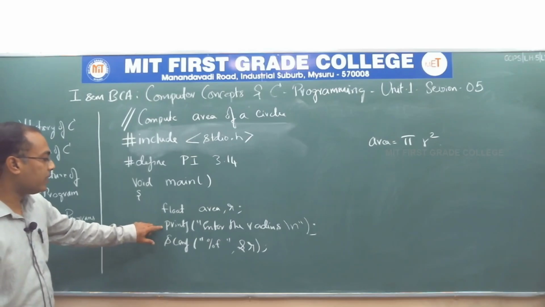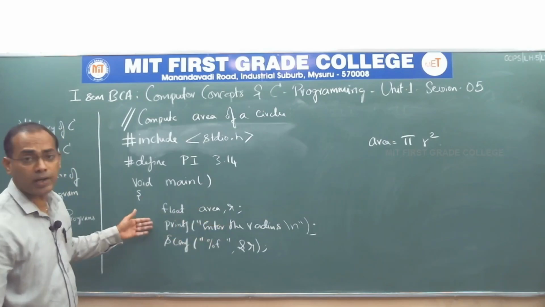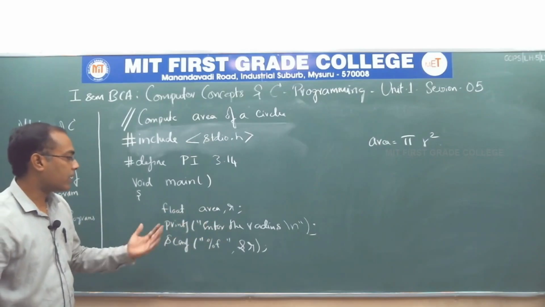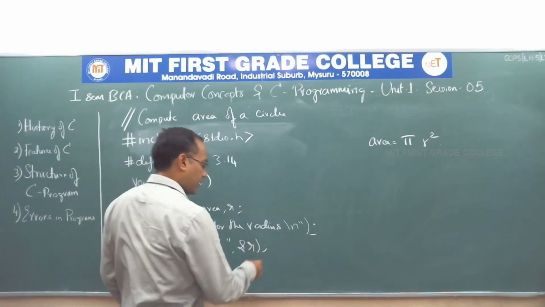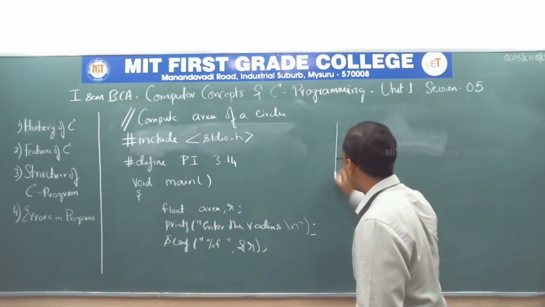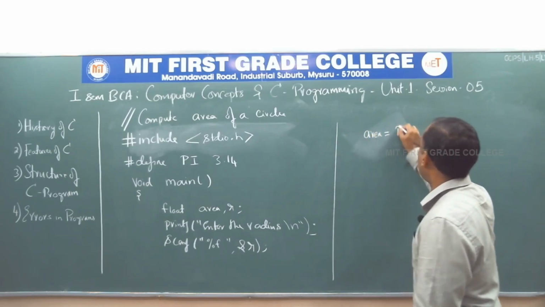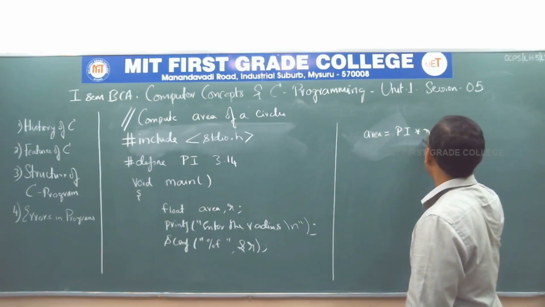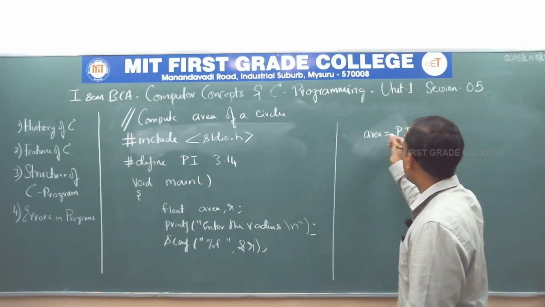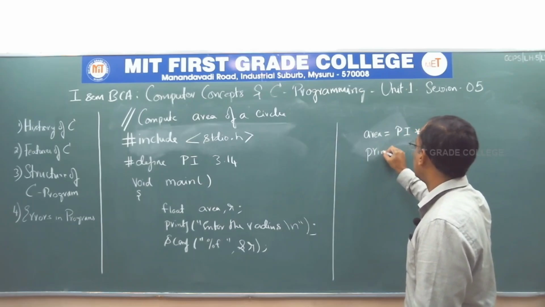We have used printf to display the enter the radius information on the standard output device, that is the monitor, and we accept the value of r from the standard input device. Then we write the executable statement, that is nothing but the computation. Here area is equal to pi into r into r, that is pi r square, and after this area will have the result. We need to display the result.